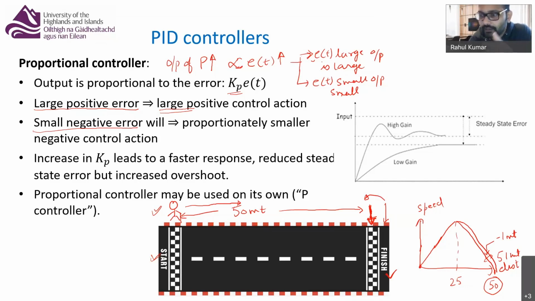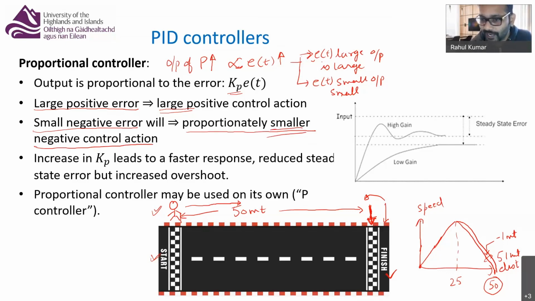It will take a long time for your system to come back to the desired position. Because that error is small, the output generated will be smaller, right? So if you have a small negative error, a proportionally smaller negative control action will be performed by your proportional controller. So that is a limitation over here.